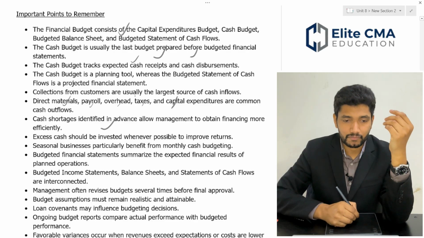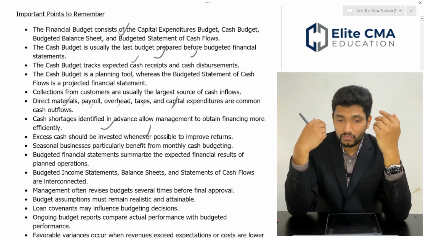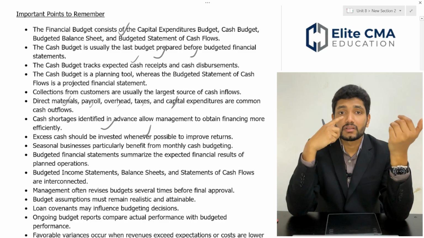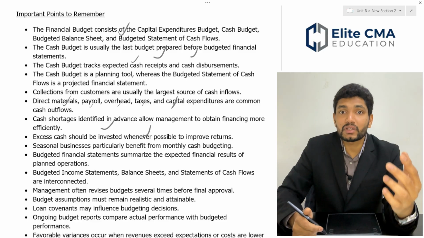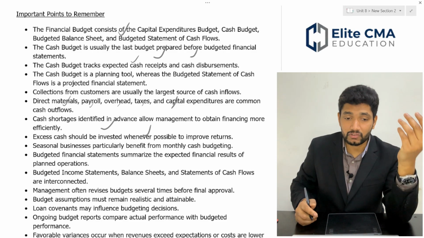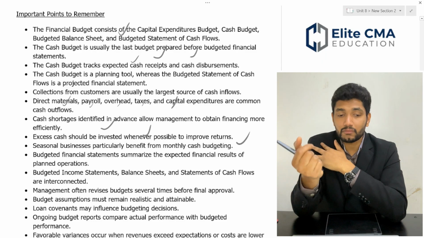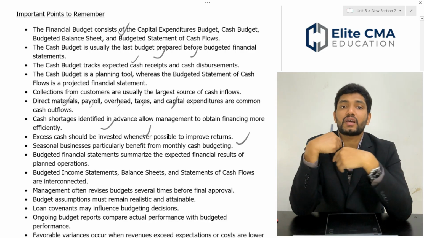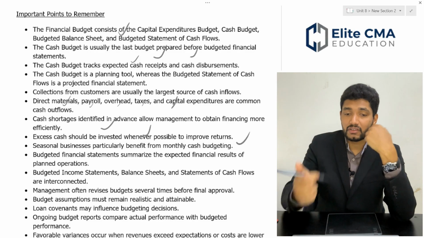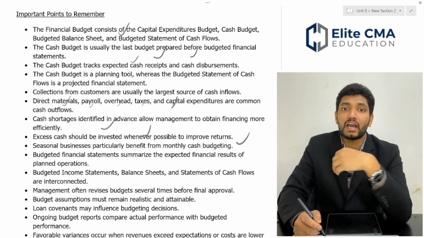The excess cash should be invested whenever possible to improve the return. If there is any possibility to improve the return, the excess cash has to be invested or reinvested. Again, we discussed seasonal business. Seasonal businesses particularly benefit from the cash budget, which helps them plan for the on season and off season.